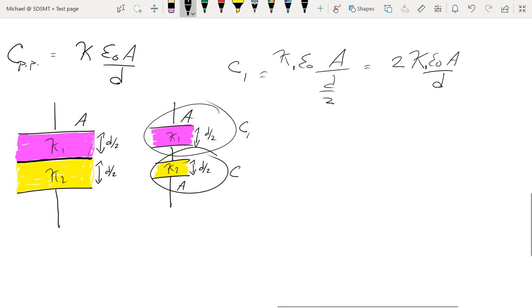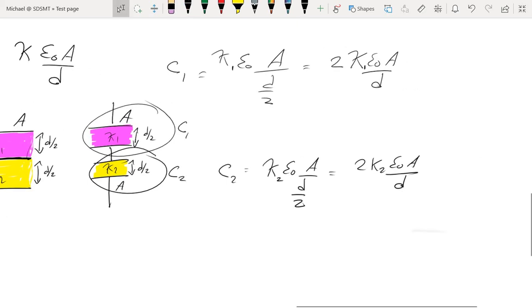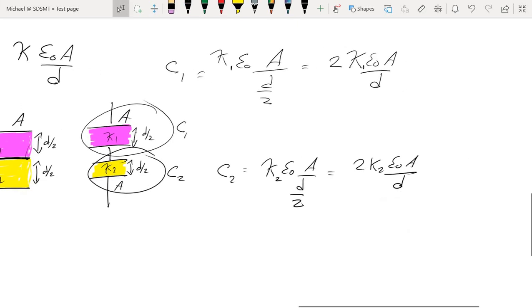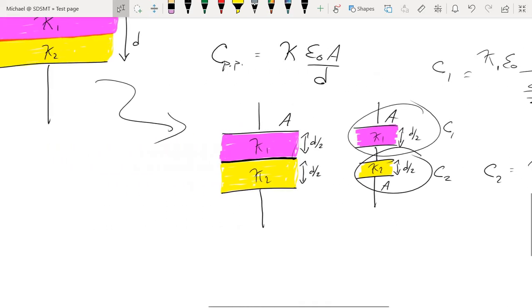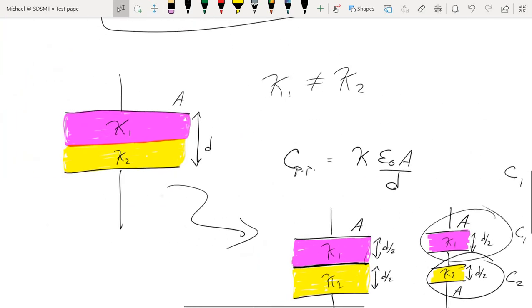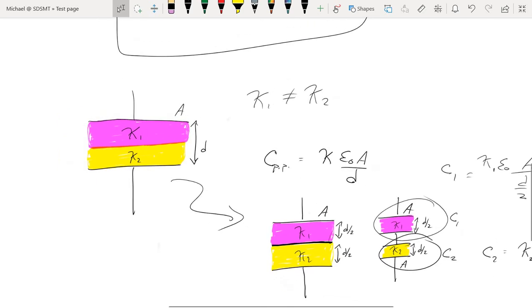Then we'll try the same thing with the second dielectric material. We're going to use that to construct the second capacitance portion, which is going to look very similar. And those are the values of capacitance that each individual portion will provide.